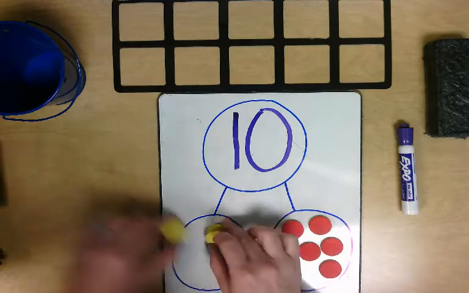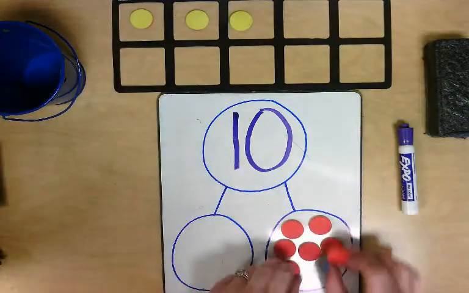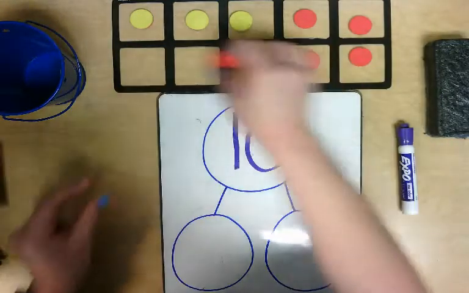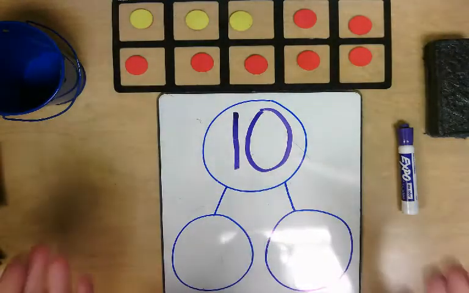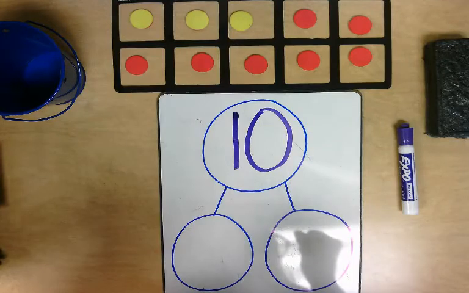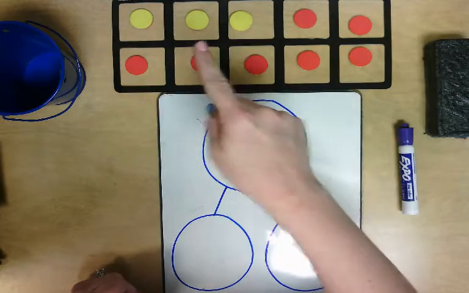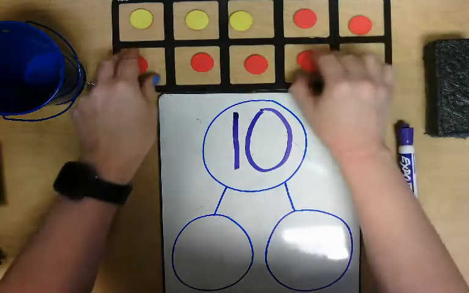So that shows me that 3 plus 7 equals 10. We just decomposed the number 10 2 different ways. One was 4 plus 6 equals 10, and we just showed 3 plus 7 is 10.